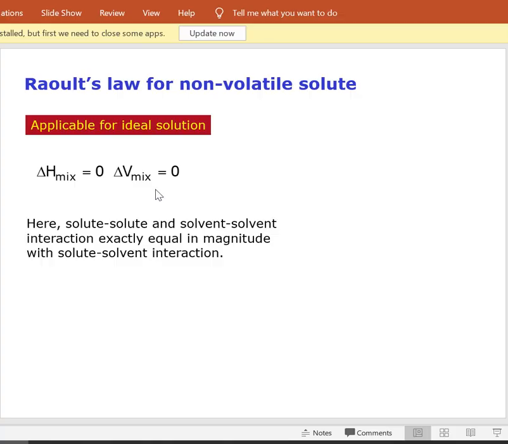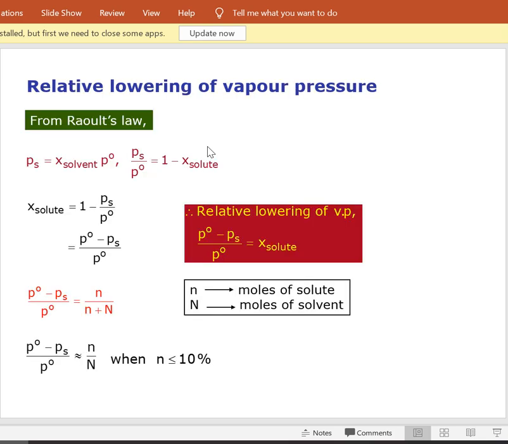It means the final volume and the initial volume remain the same, so there will be no change in the volume, and delta H, the change in enthalpy, is also constant. Therefore, the solute-solute and solvent-solvent interaction is equal to the solute-solvent interaction in an ideal solution. So Raoult's law for non-volatile solute is applicable for ideal solutions.